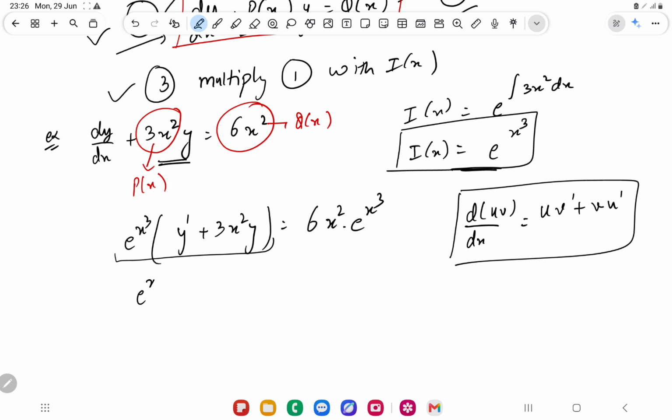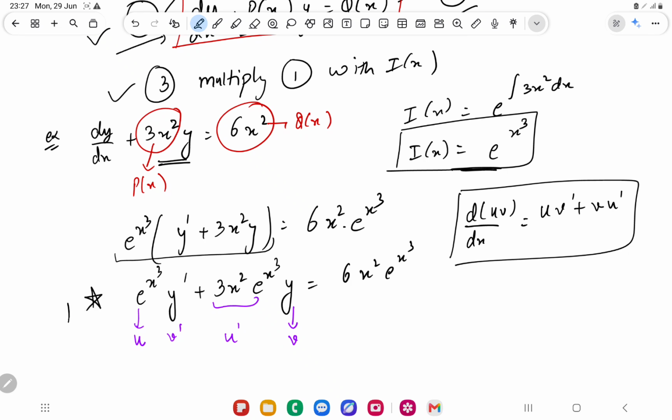So if I assume e to the power x cube as u and y as v, then we have u v dash plus v u dash. This is my u, this is my v, so I have v dash and this is my u dash.